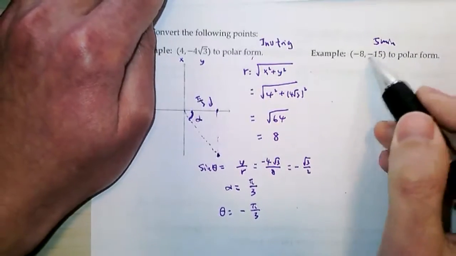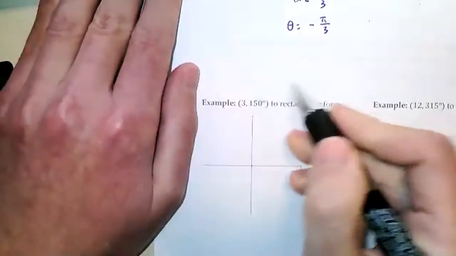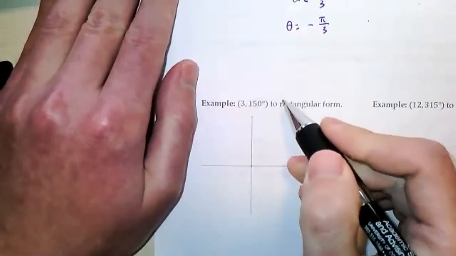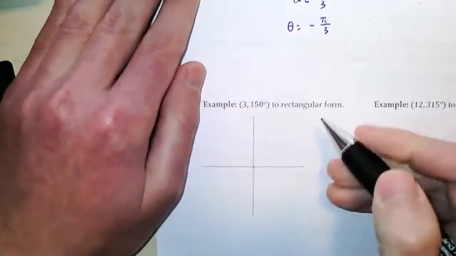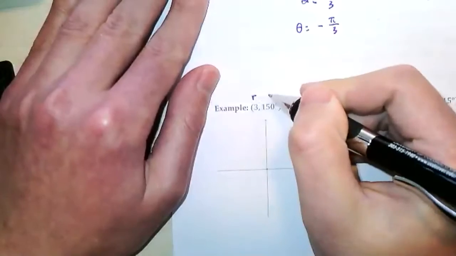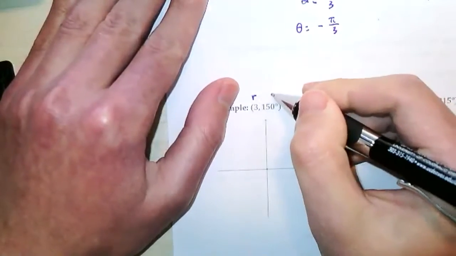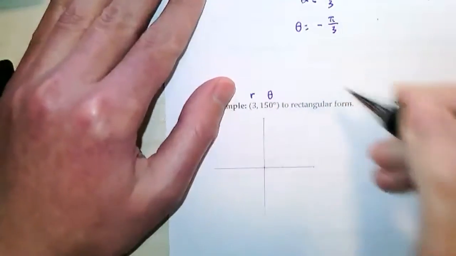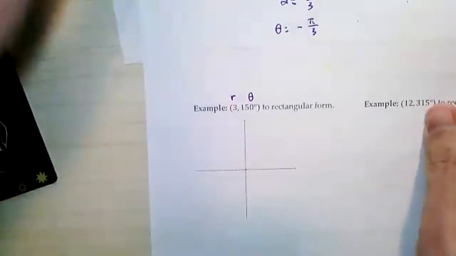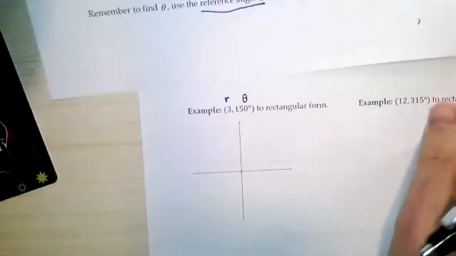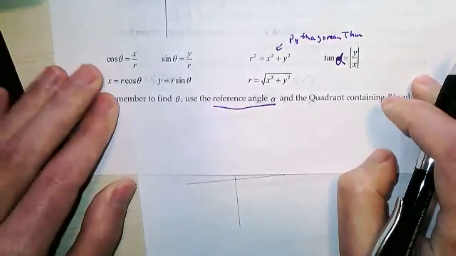Before you work on this, I'll show you how to convert from the polar coordinates back to rectangular coordinates. In this case, we have r equals 3, theta is 150. So let's look at our conversion formulas.